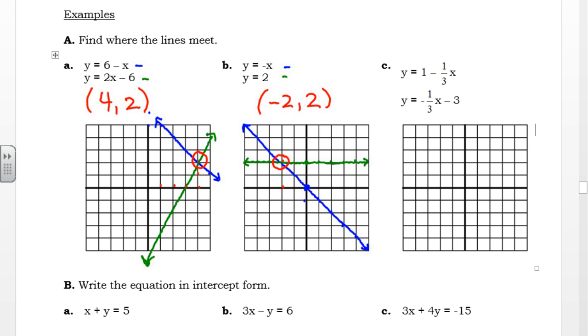Letter C, my first equation has an intercept of 1 and then a slope of -1/3, so down 1 over 3. And I'm going to kind of go backwards a little bit to get a nice line.